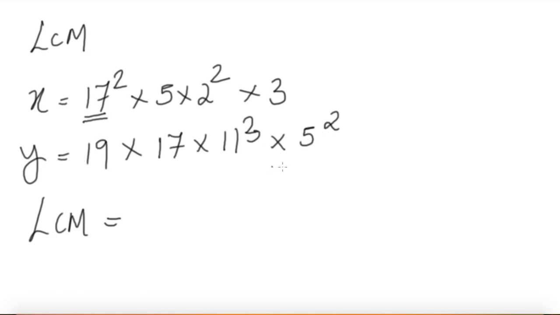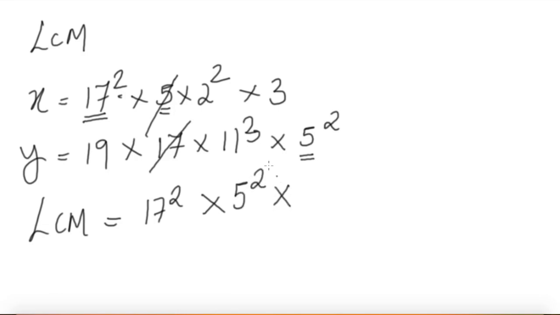I find in y if there is any 17. There is no 17. There is one, so I just remove this. Why? Because I take the higher power, so it becomes 17 square into. I go to 5 in the same number. Do I have any 5 in y? Yes, I do have, but I pick up the one with the higher power, so I just skip it. So it becomes 5 square multiplied by.